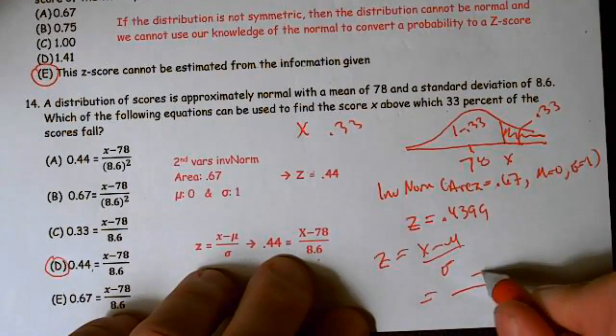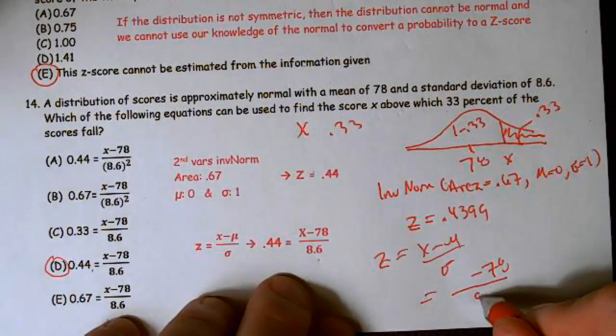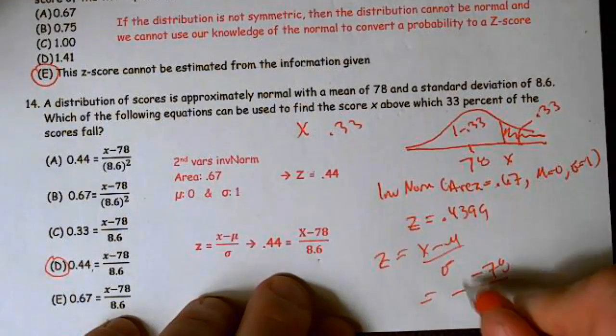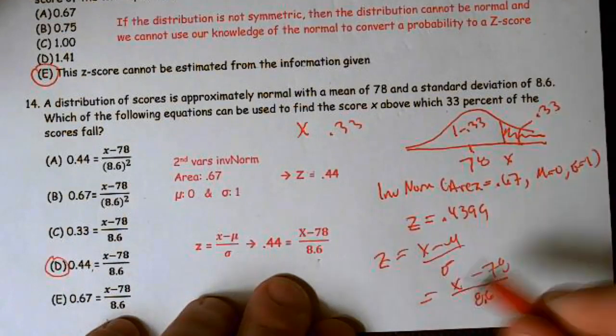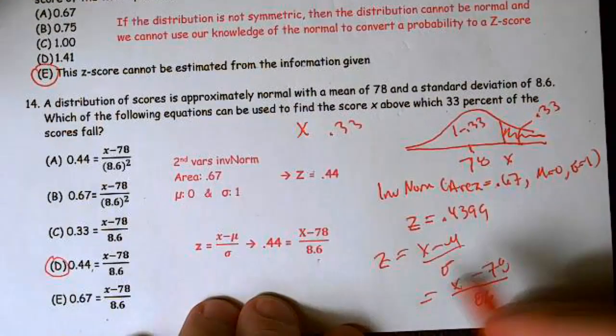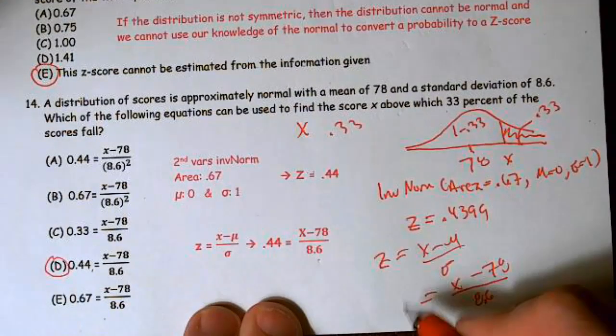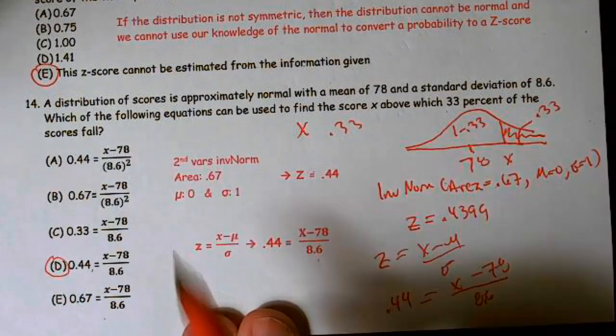I have my mean, I have my standard deviation, and I'm looking for my x. I do the inverse norm working from the left, so this ends up being the 0.44 because we're above it, and that gives me that value.